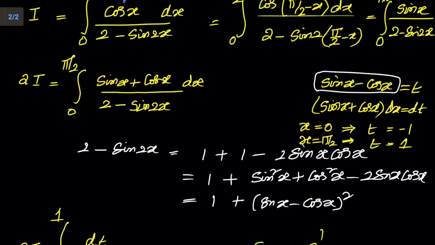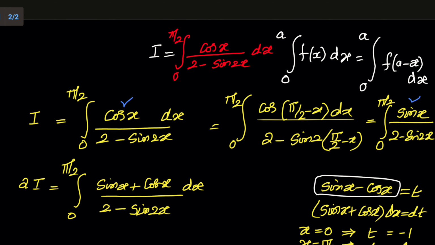Let's have a recap of this. We have been asked to find the integral of 0 to pi by 2 cos x by 2 minus sin 2x. So we applied the property that integral 0 to a f of x dx is integral 0 to a f of a minus x dx.